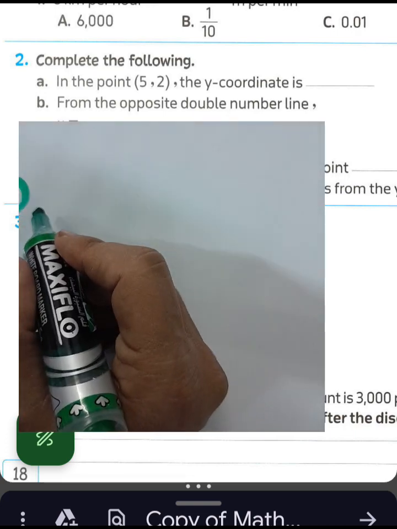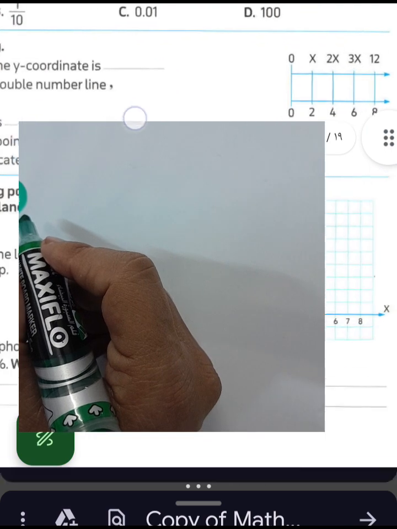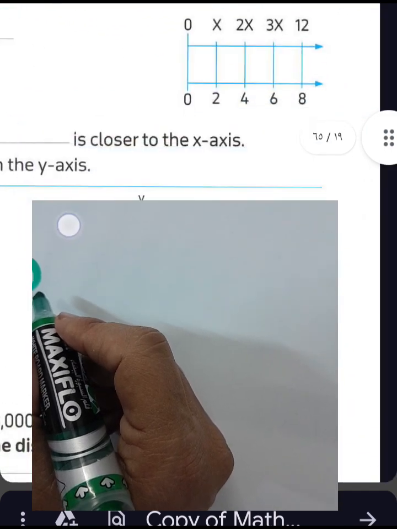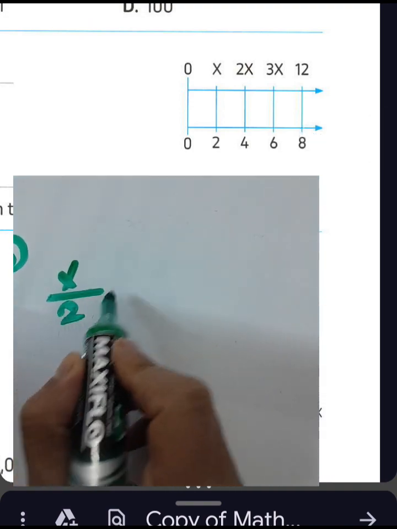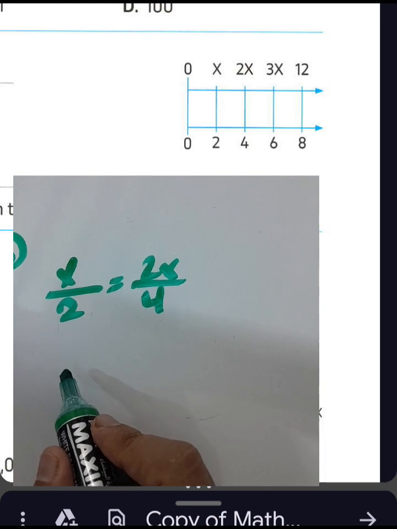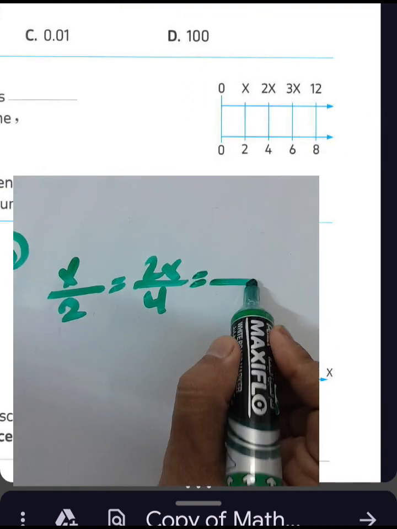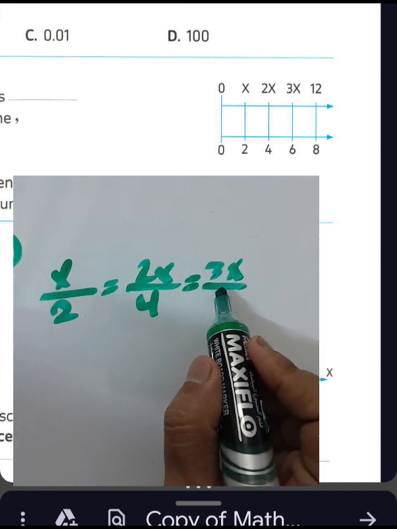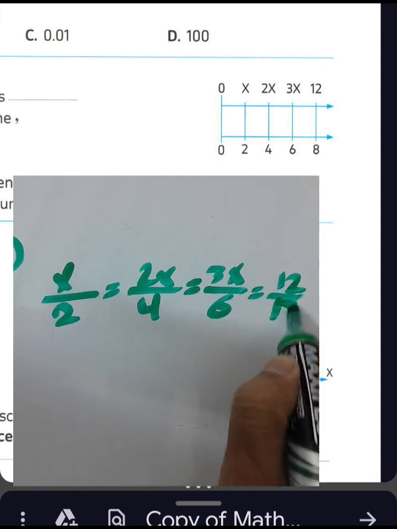Question letter B. From the opposite double number line here, you want to find the value of x. Okay, we have x over 2 equal to x over 4. You want to find what here? The value of x. And we can write here 3x equal 6 and 12 over 8.